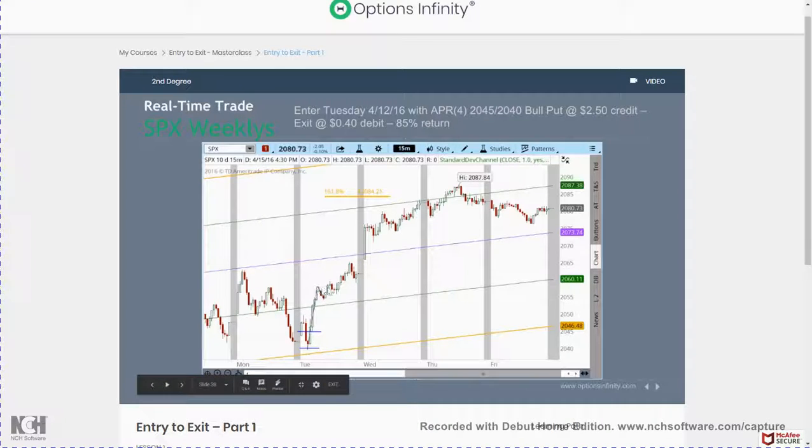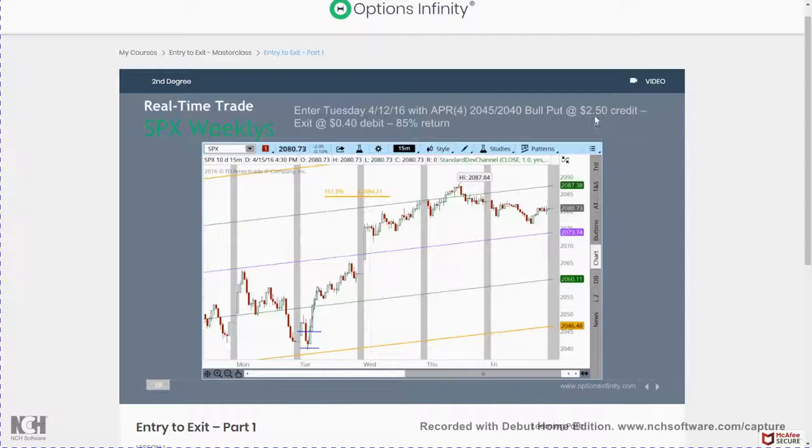There's a measured move. At that point in time, I entered on Tuesday. This was the old terminology, because this trade was back in 2016. But I wanted to show you that not only does it work today, it's been working for years. Went in with a bull put down here.